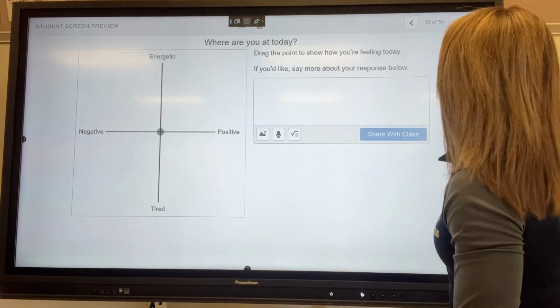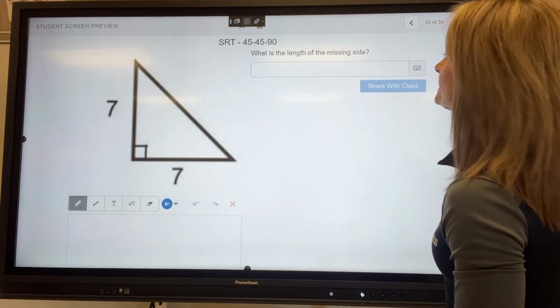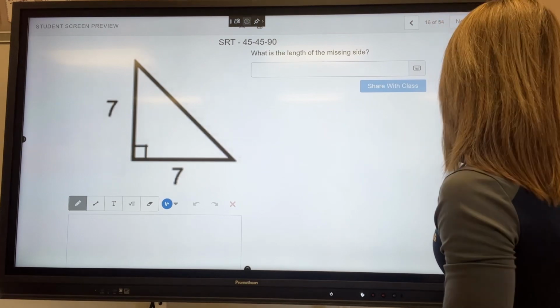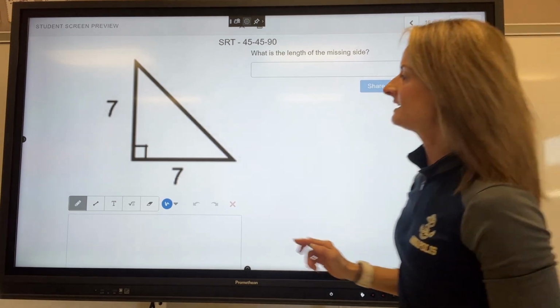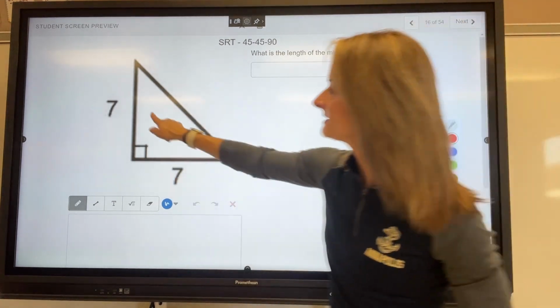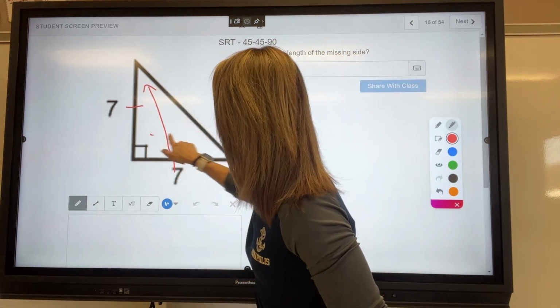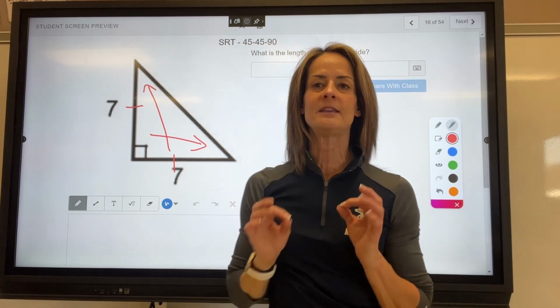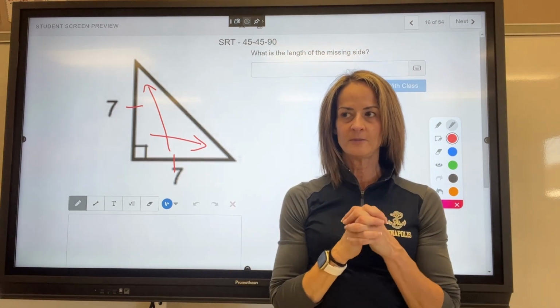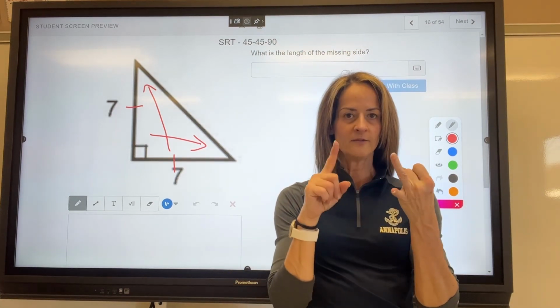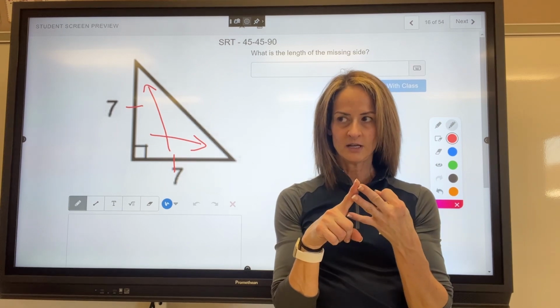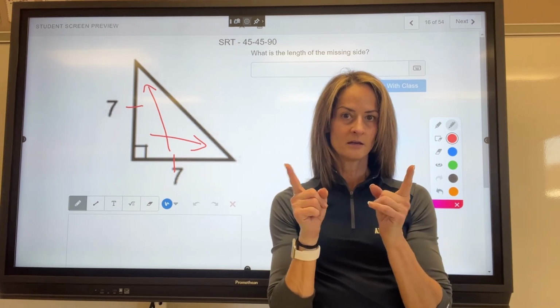So go to slide number 16. Number 16 gives us a right triangle and gives us the lengths of the legs as the same, which tells us that the base angles are also the same, which makes them each 45 degrees. Is everybody okay with that? Because 45 plus 90 adds up to 180.